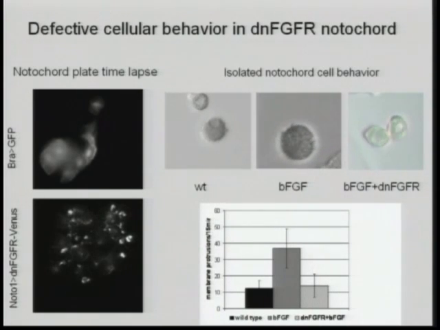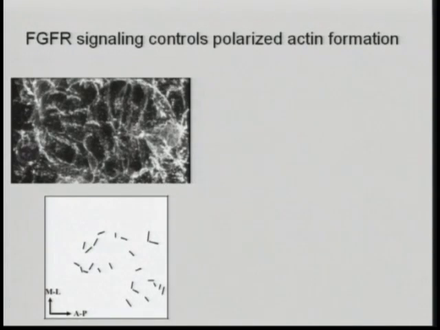Since we're observing these cells in a single dish, there's no obvious polarity for the cell. But in the intact embryo, these protrusions are not random. They are oriented. This is a 3D confocal reconstruction of the notochord plate stained with phalloidin, highlighting the actin structure. It's kind of difficult to see, but you see these thick actin stainings at the cell boundaries.